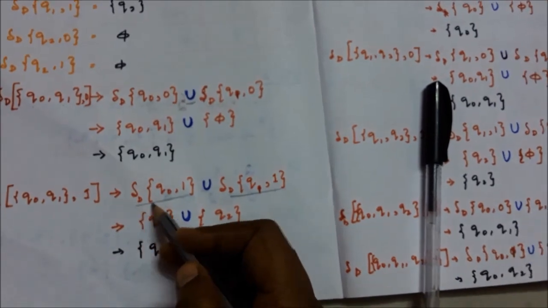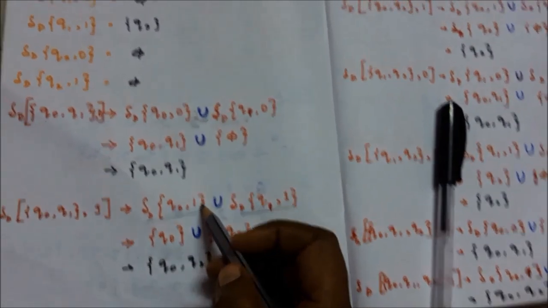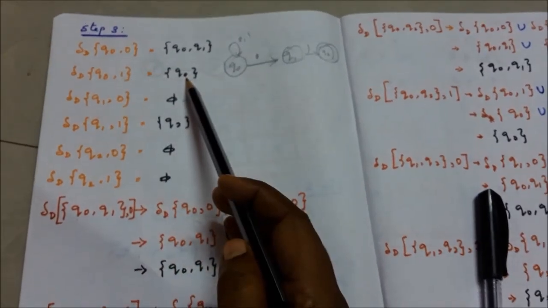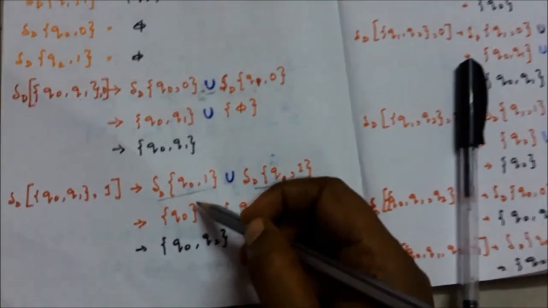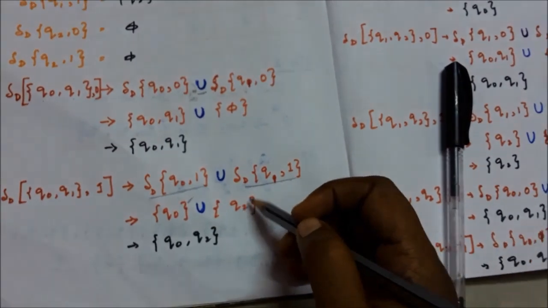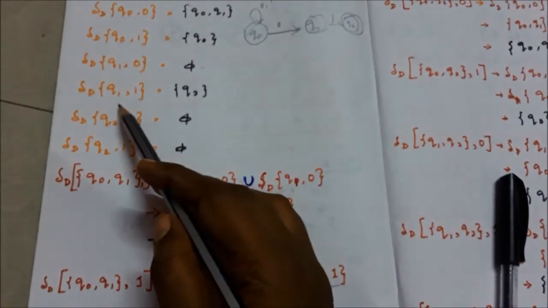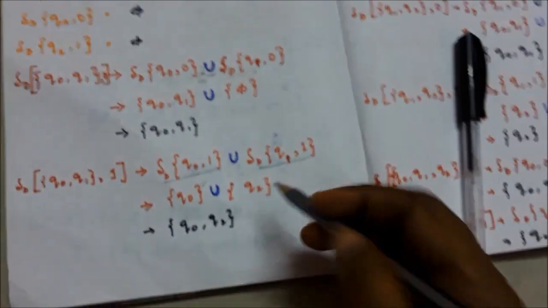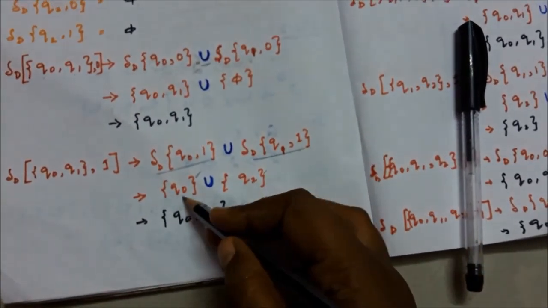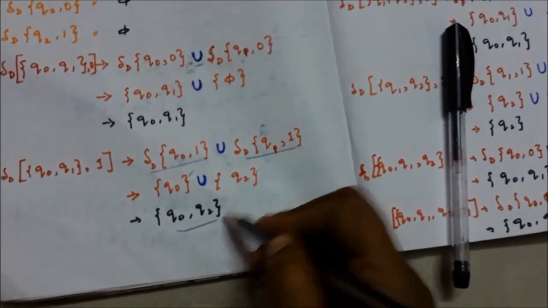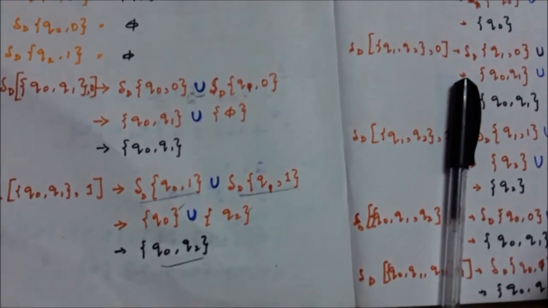So transition function of Q0 comma 1 is Q0, so we can write Q0. And transition function of Q1 comma 1 is Q2, so we can write Q2. If we add these both, we will get Q0 comma Q2.